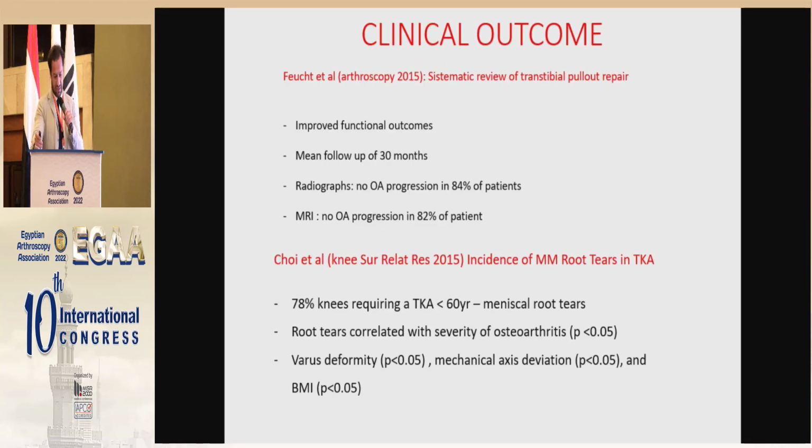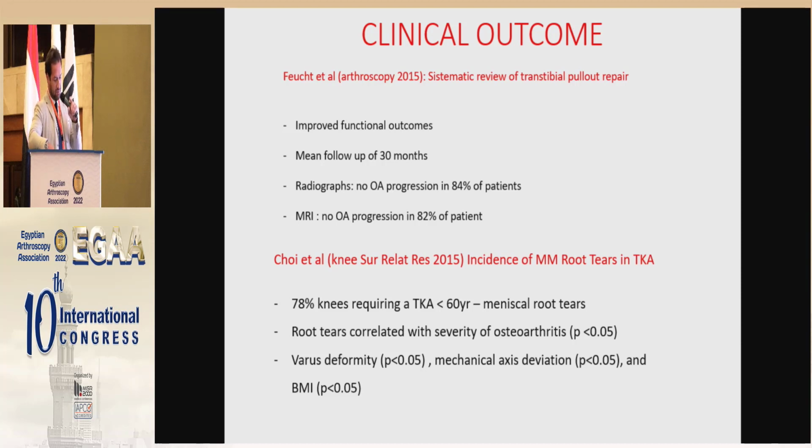Clinical outcome. The first work is by Feucht and the school of Professor Imhoff. It's a systematic review of transtibial pull-out repair that shows improved functional outcomes with this kind of repair, with a mean follow-up of 30 months, and on radiographs and MRI, no osteoarthritis progression in over 80% of patients.